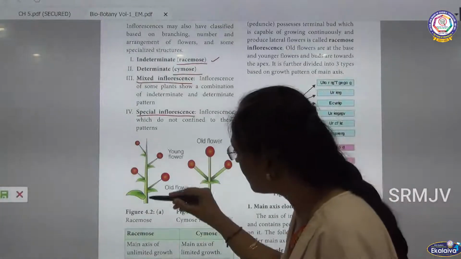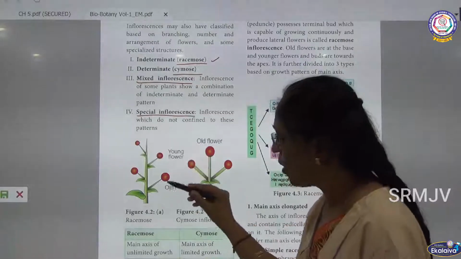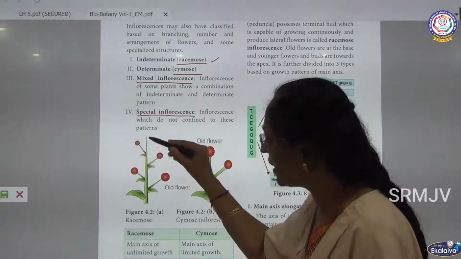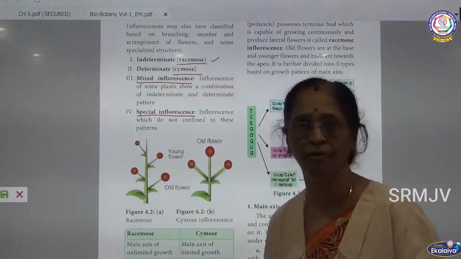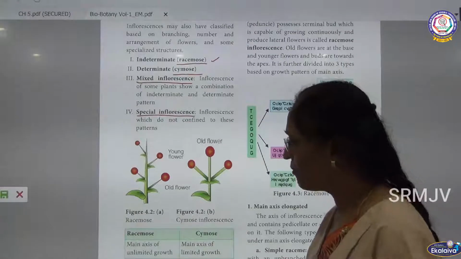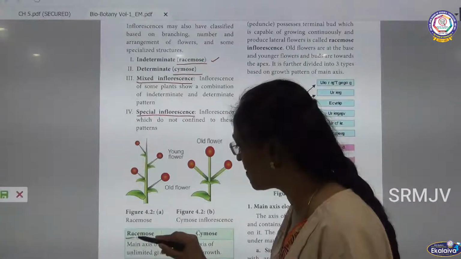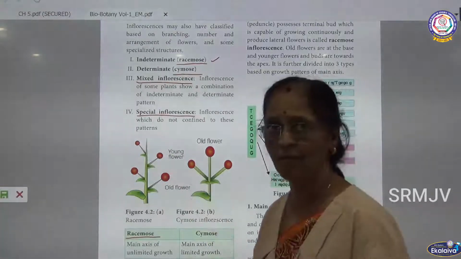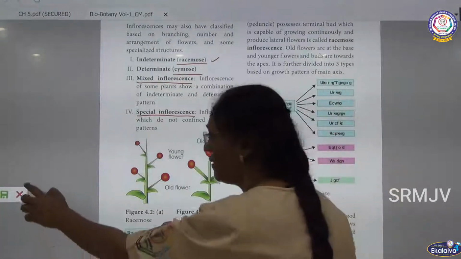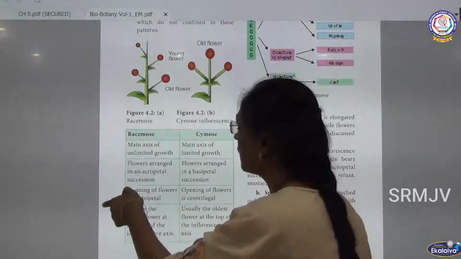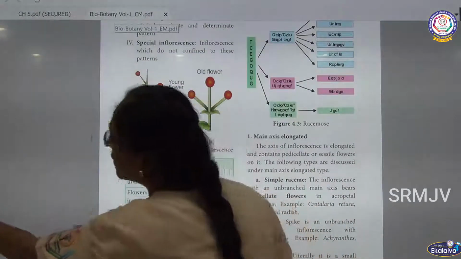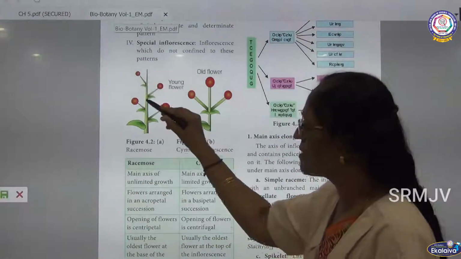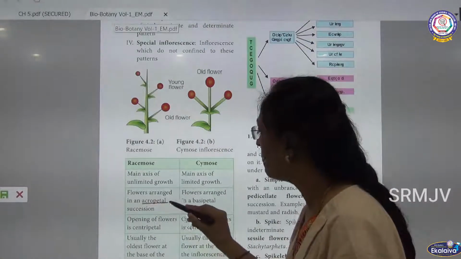Here you will find that this is the main axis on which the flowers are being born laterally, and this axis is showing an unlimited growth or indefinite growth, and such kind of inflorescence you call racemose inflorescence. Here the main axis is of unlimited growth, and you will find that the flowers are arranged in acropetal succession.